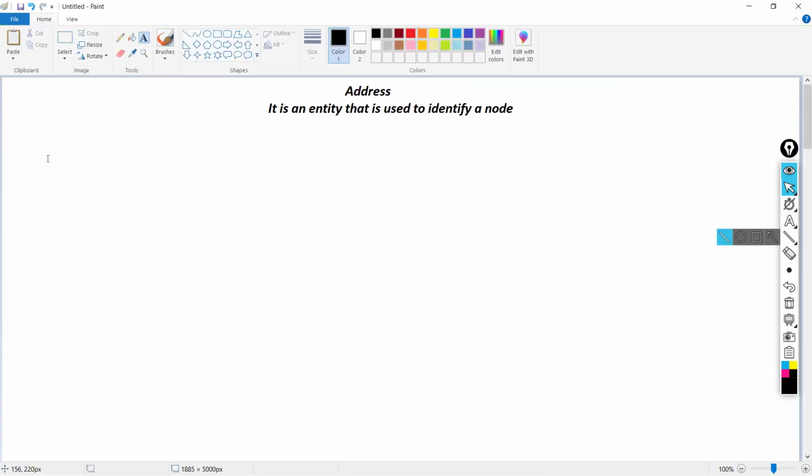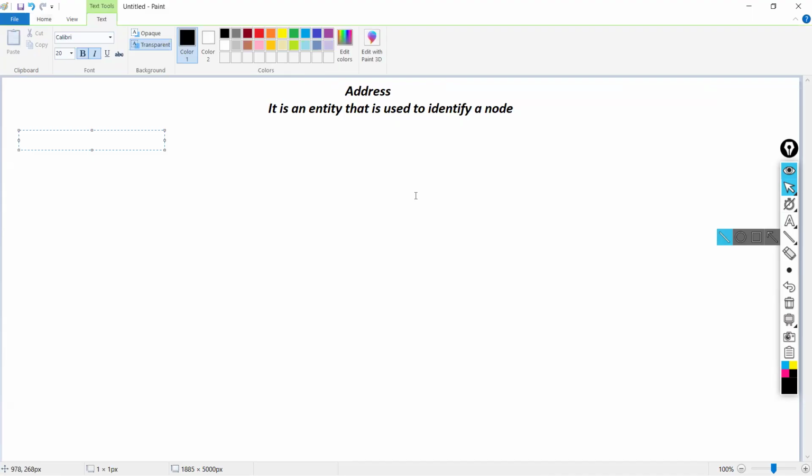Now, how many types of address? Two types. Logical address and physical address.